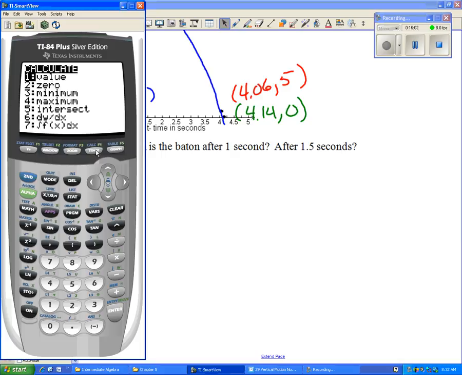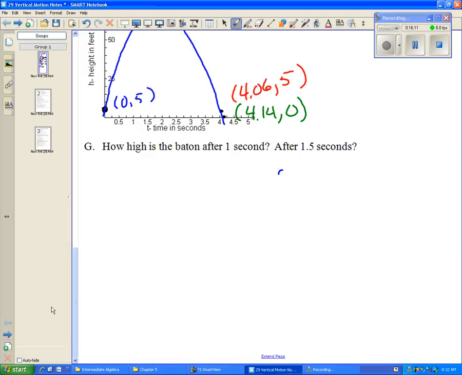I'm going to plug in one value. X is time. Since I want 1 second, I want the time. So I want my X to be 1 and my X to be 1.5. And I want to find the Y that goes with that. But remember, this is time and this is height. So I want to find the heights that go with these times.